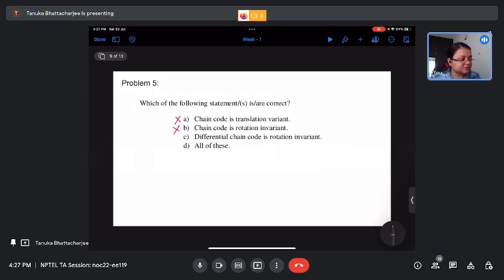Third is, differential chain code is rotation invariant. That is correct, because even if you rotate the figure by any angle, the relative rotation you need to go from one line segment to the next remains the same. So differential chain code is rotation invariant. This is the correct option.